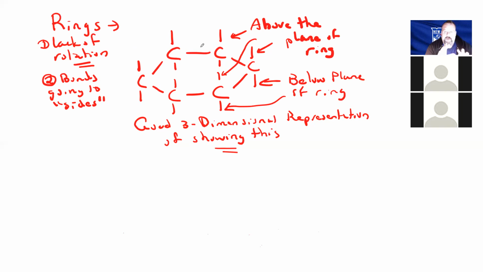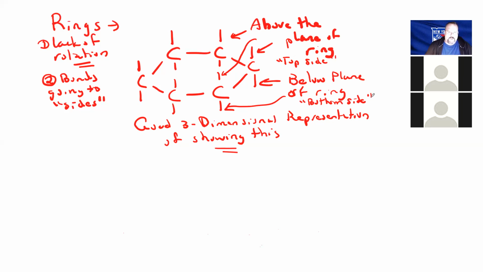The groups that are attached to the ring carbons, not the ring carbons themselves, are stuck on the side that they're going to. Either it be above the plane, which I would call, again, top side, or below the plane of the ring, which again, I probably would call bottom side, to keep with our terminology.